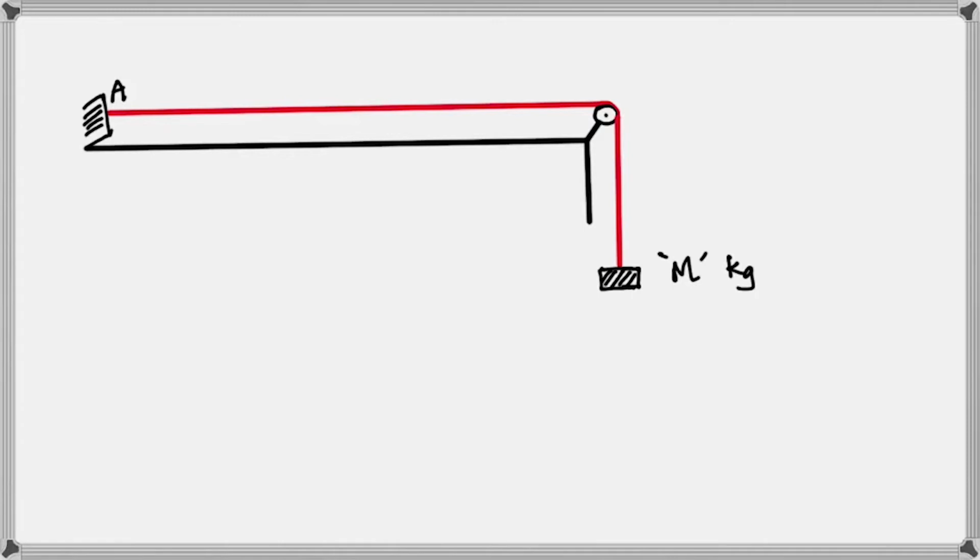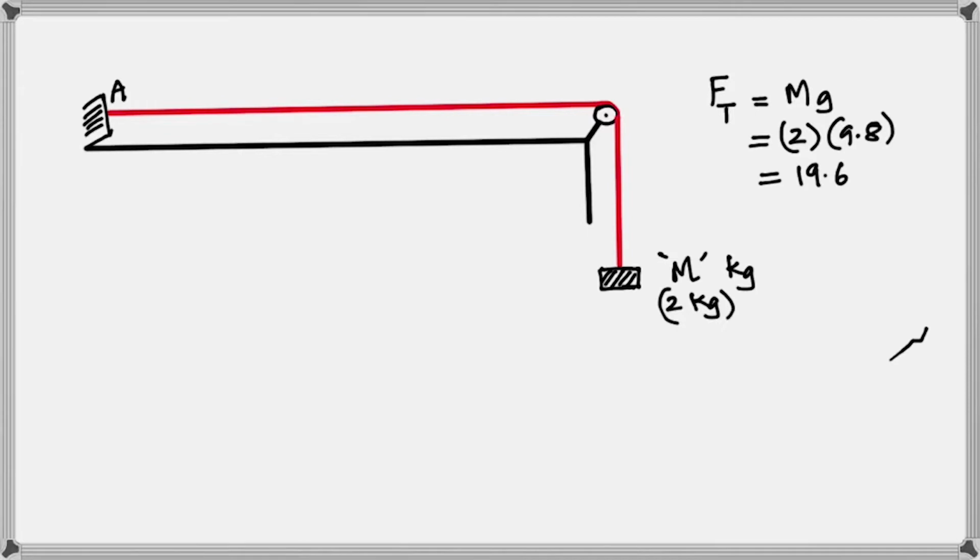Gravity. So it's mg, isn't it? So the tension, let's call it F sub t, is mg. Let's say M is 2 kilograms. So 2 times 9.8 will give you 19.6 newtons. That's the tension.